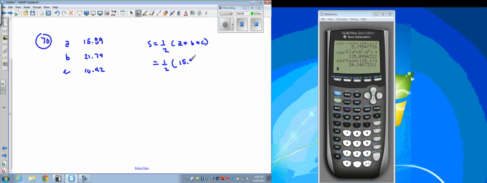You guys put this in your calculator and tell me what it is. You have to add this. 24.275. Is that what you got?